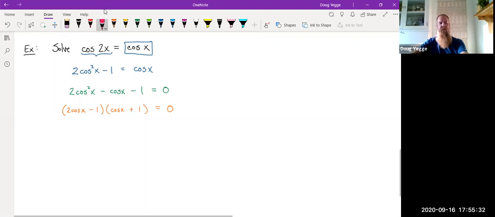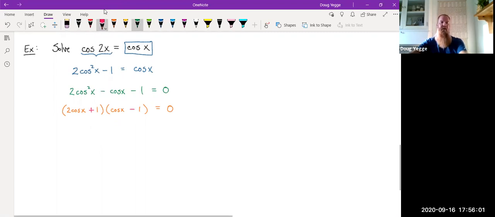So if I now just distribute to check, that's going to give me +2 cosine x minus 1 cosine x, which together gives me positive cosine x. And that's not what I wanted. So that must mean that I put the signs in the wrong places. So this should be our plus, and this should be our minus.